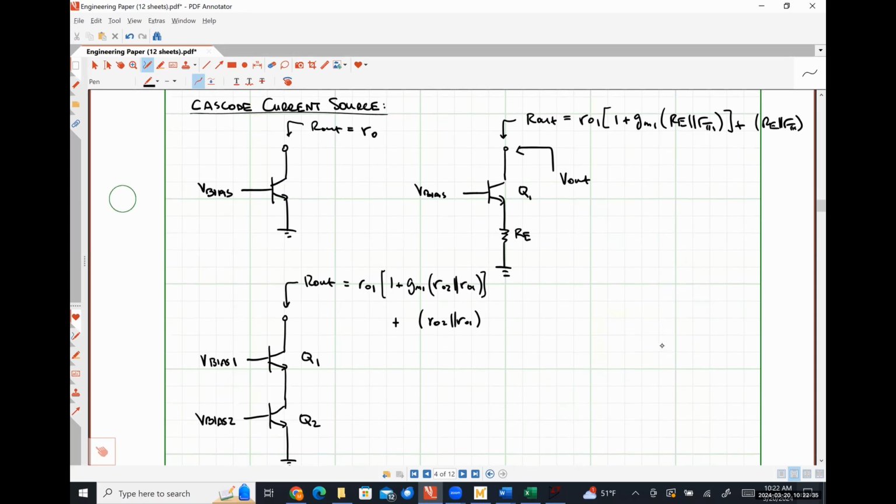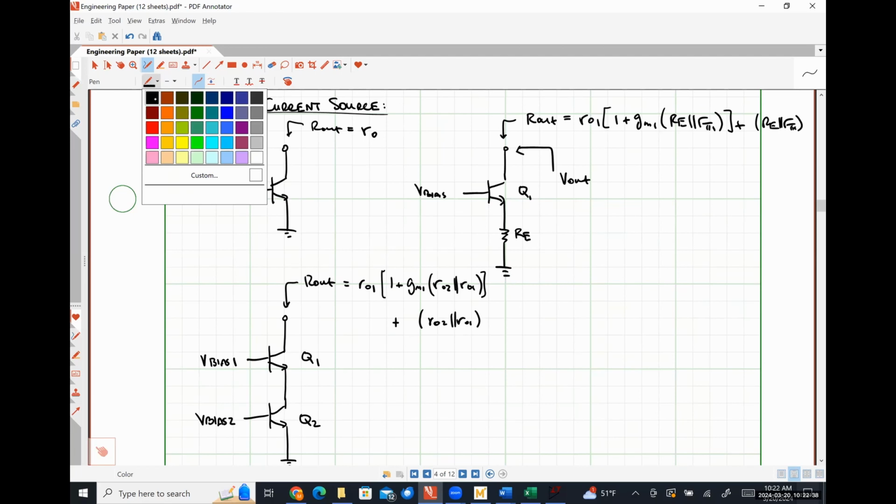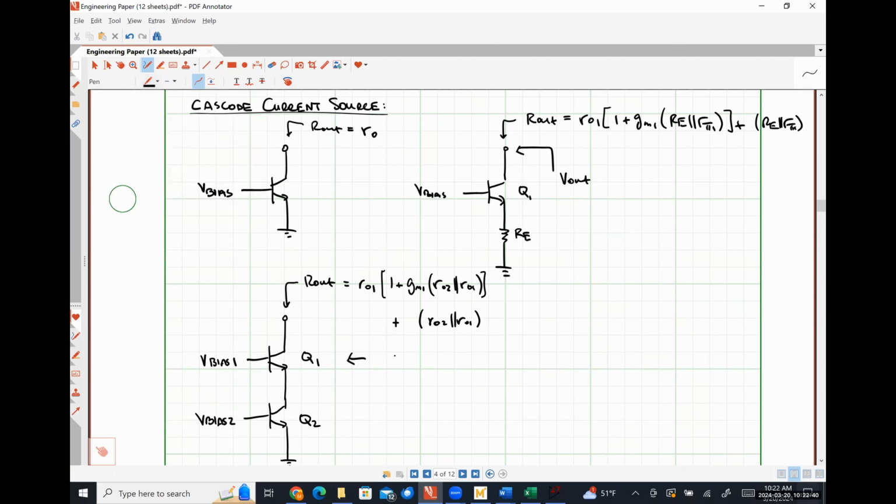Just for nomenclature's sake, Q1 here is called our cascode transistor, and Q2 is our degeneration transistor.